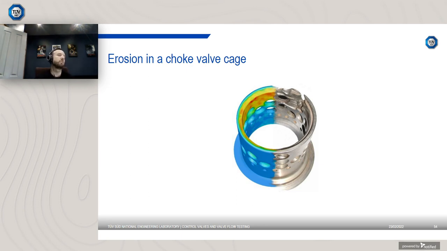And once you've got confidence in the model, you can then apply it to different scenarios, or perhaps you've flow tested maybe a smaller prototype, and then you want to apply it to something much larger. If you validate the model first with a smaller device, you can then apply it to maybe bigger devices, or maybe flow conditions that maybe weren't possible to test in the laboratory.